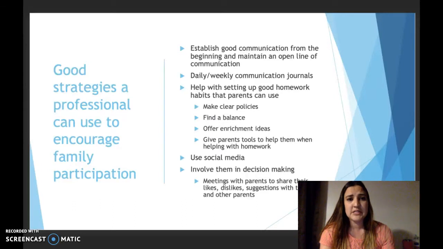Because that's just as important as how we want to teach our students. It's important to understand what's expected of us from our parents, because our parents are a vital part of our students' lives.